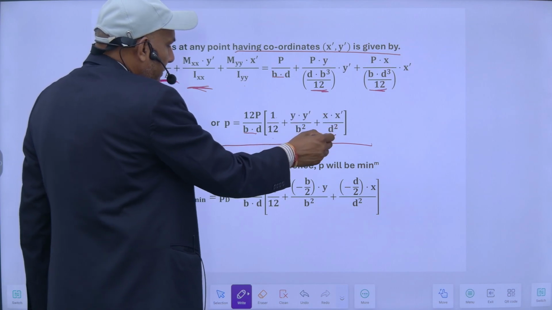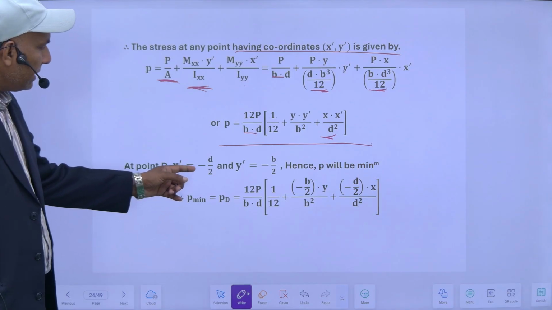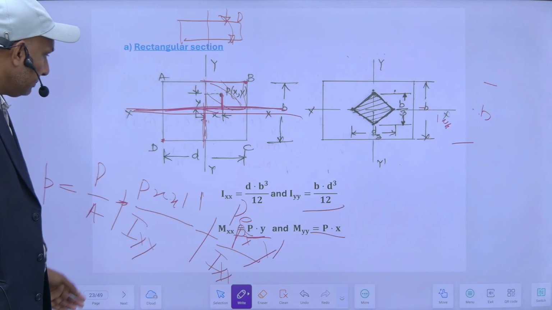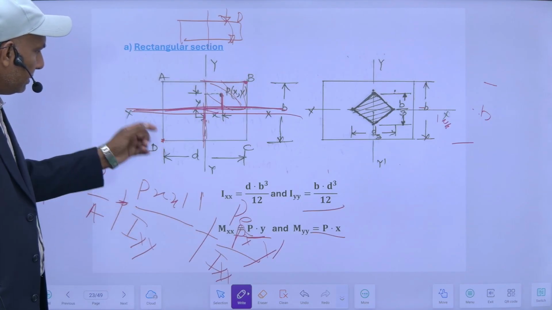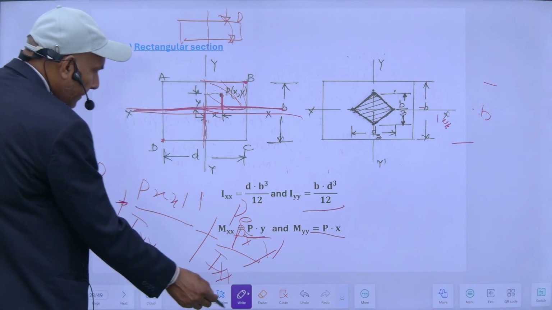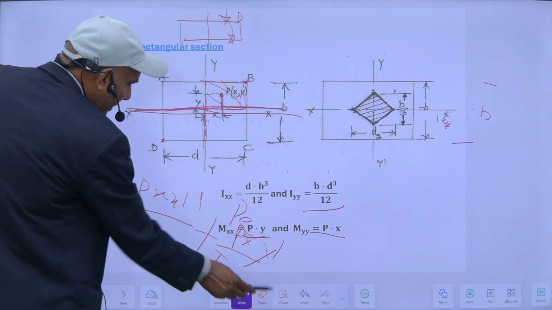At any point, suppose x is equal to minus d by 2 and y is minus b by 2, meaning at this point, it will be minus in both cases, in the third coordinate.